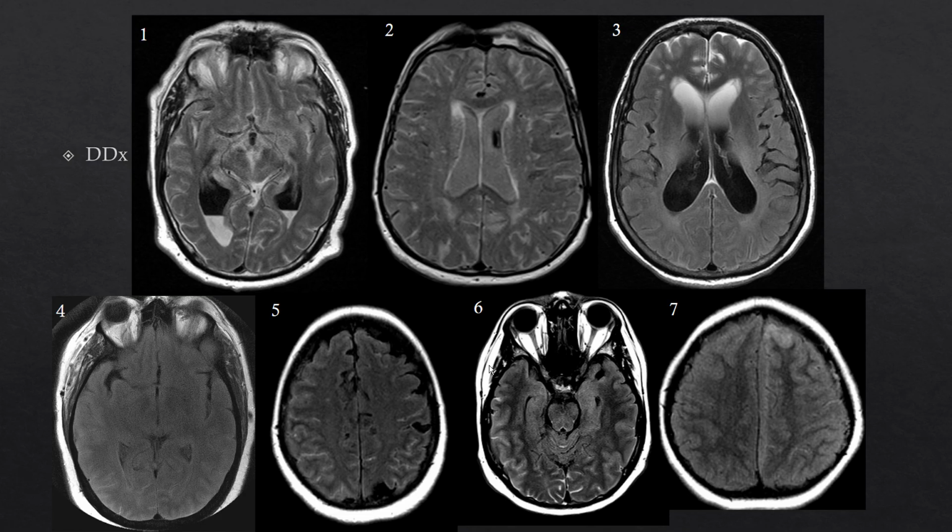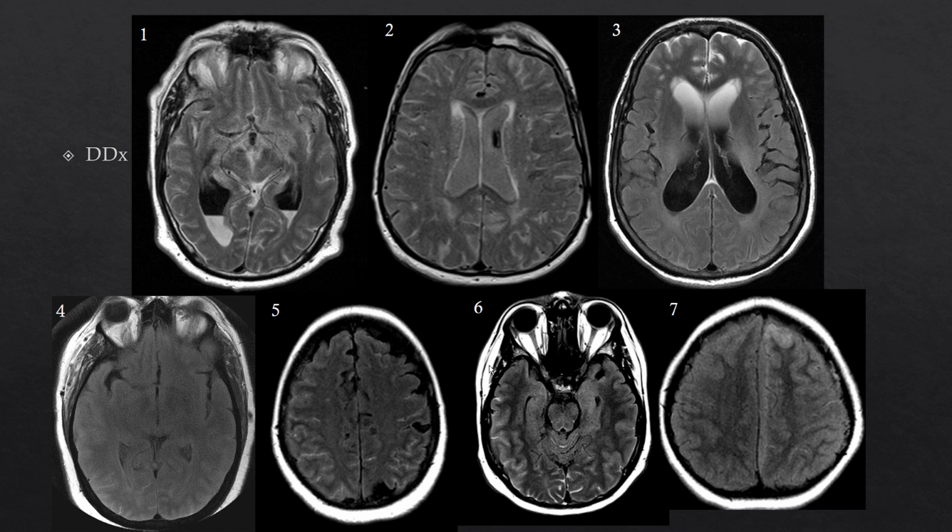Now there's a differential for abnormal signal in the subarachnoid space on FLAIR sequences. Number 1 is another case of hemorrhage with abnormal signal within the subarachnoid space, within the ventricles layering posteriorly. Number 2, there's abnormal signal within the CSF diffusely. This turns out to just be artifact from hardware.